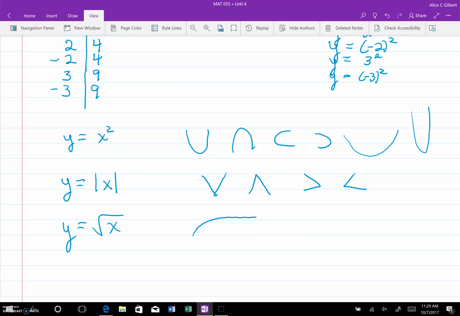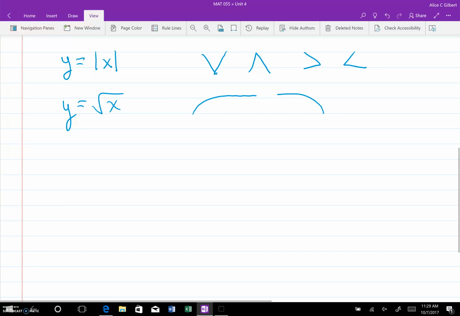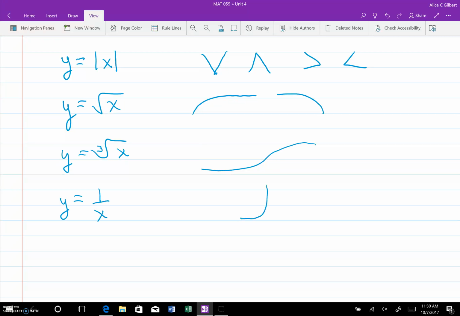Again, it might go the opposite direction. We could have y equals the cube root of x, and that would always look something like this. And we could have y equals 1 over x, and that would always look something like this, if this is our x-axis and this is our y-axis.